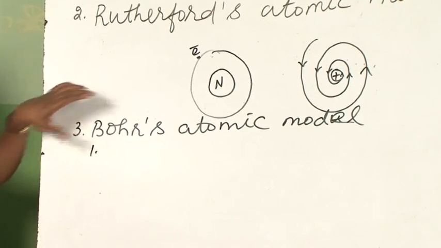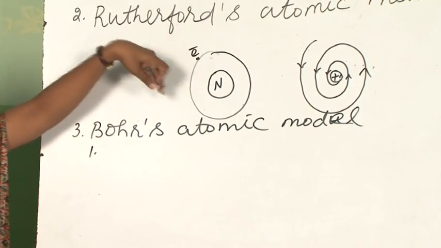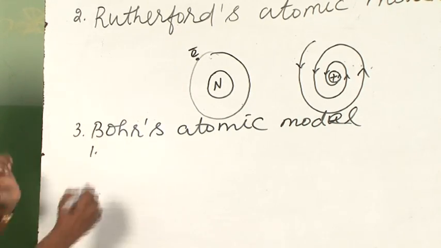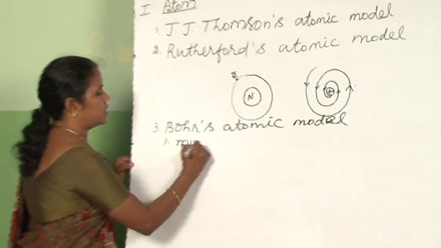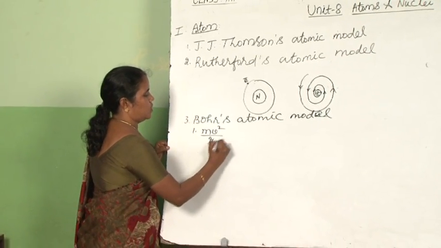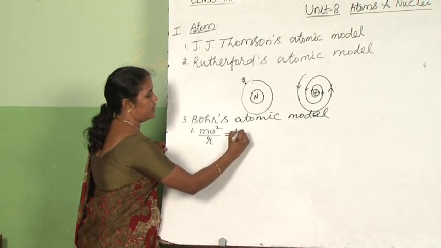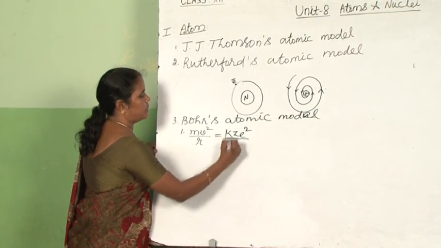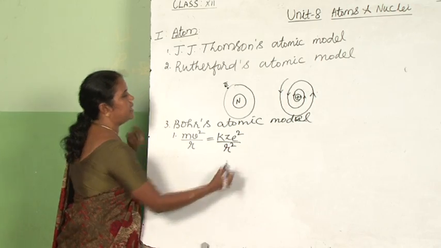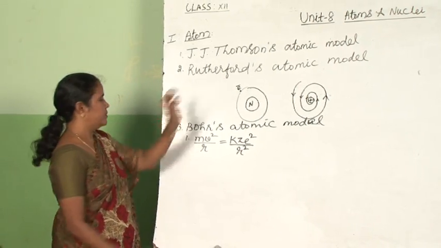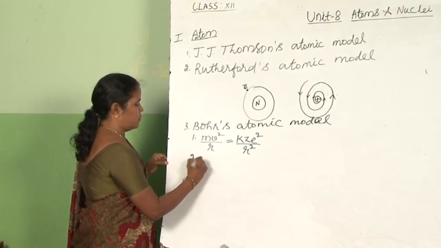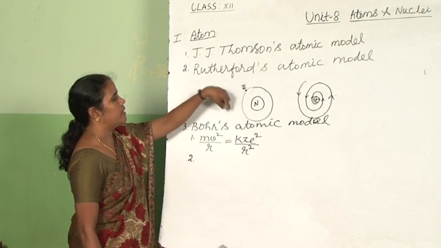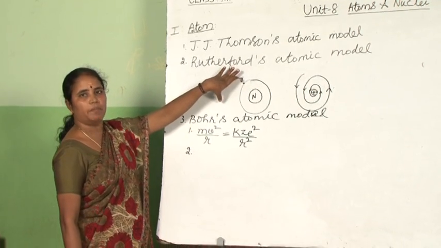According to Bohr, the electrons revolve around the nucleus, so there must be a centripetal force, and this centripetal force for the electron is provided by the electrostatic force of attraction between the nucleus and the electron. The second postulate of Bohr is that the electrons revolve in stationary orbits.